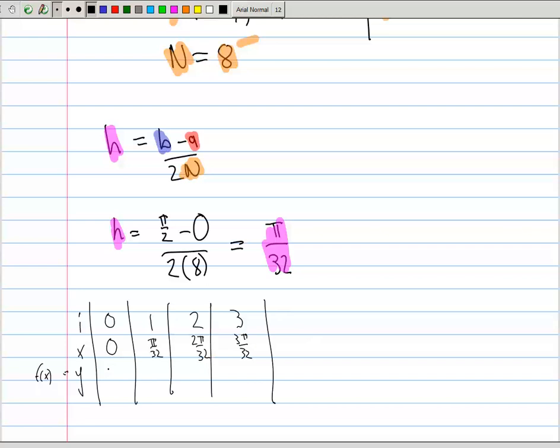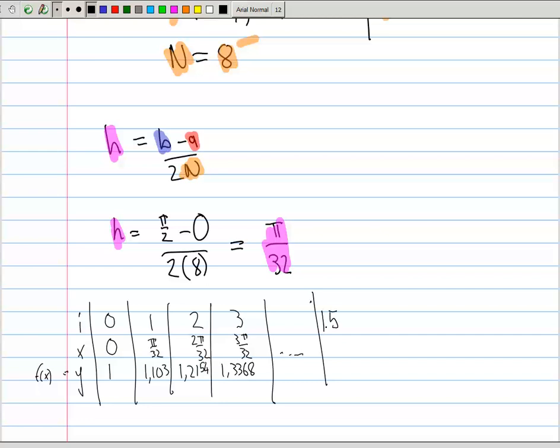Our y, if we substitute into the equation, we get 1 here, then 1.103, then 1.2154, 1.3368, and you need to do this for each of the terms.